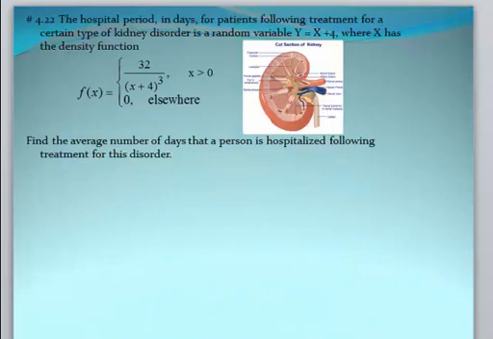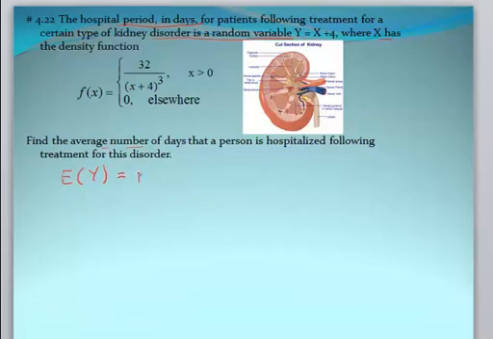Okay, for this next one, we have our hospital period in days for a certain random kidney disorder is a random variable. Y is equal to x plus 4, where x has the density function. And we can say that the average number of days that a person is hospitalized for treatment for this disorder would just be given by the expected value of y, right?